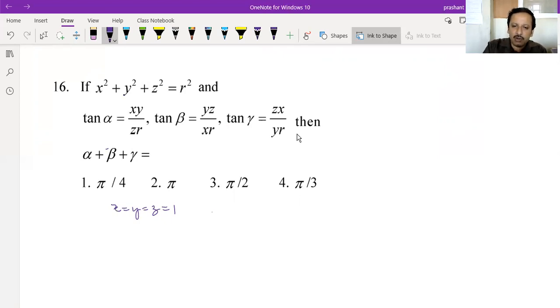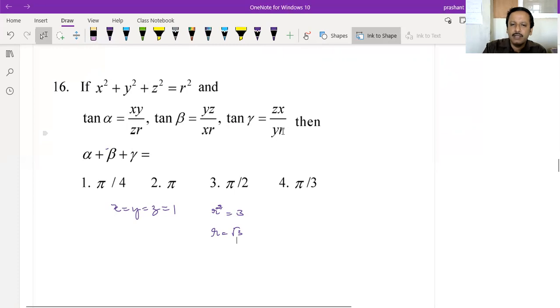Okay. So then what will happen to r square? R square is x square plus y square plus z square. So r square is equal to 3. R I'll take as root 3, plus or minus root 3, and I'll prefer root 3. So then here what happens to tan alpha? I have taken x, y, z as 1, 1, 1 and r will become root 3. So this will give you tan alpha is equal to 1 by root 3.